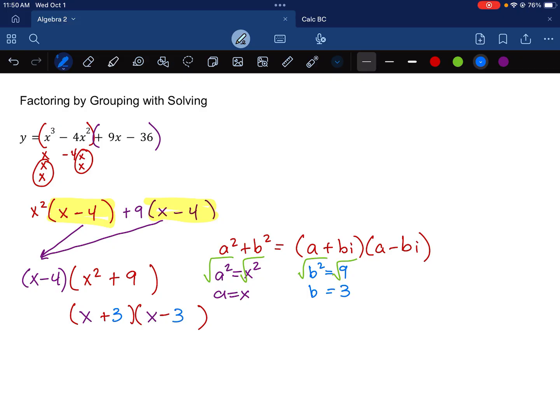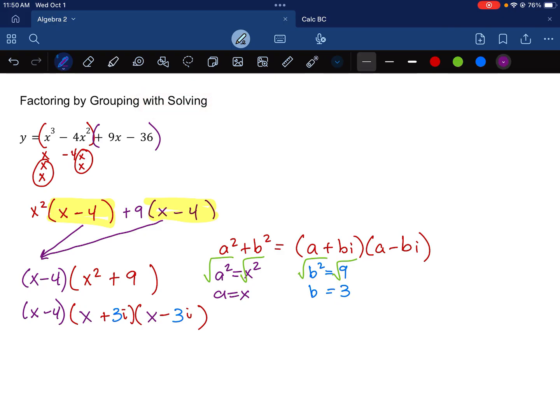And again, because this was adding 2 perfect squares, we have to make sure that our b gets an i on it, so i and i. And then let's bring down that x minus 4, because we didn't do anything with it, so it just comes along for the ride. So if the problem was just asking you to factor by grouping, this would be your final answer. But this one is saying with solving.